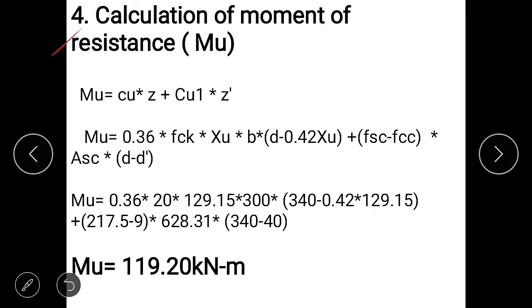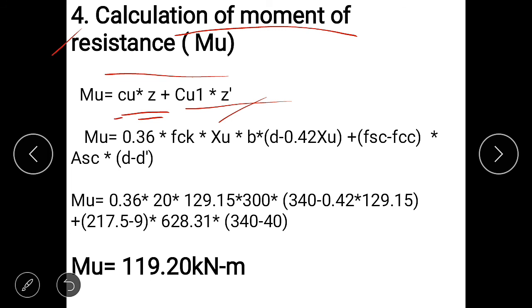Now the fourth step: we have to calculate the moment of resistance, Mu. The formula is Cu into Z plus Cu1 into Z dash. Cu is the compression up to depth XU and Cu1 is the compression up to d dash. Z is the lever arm and Z dash is d minus d dash.